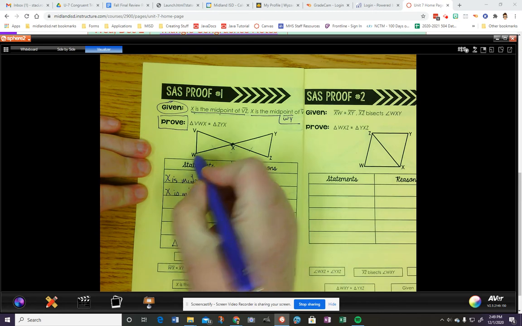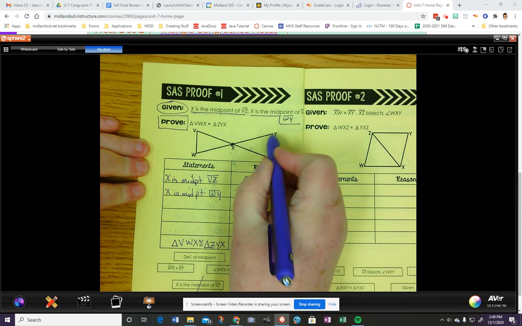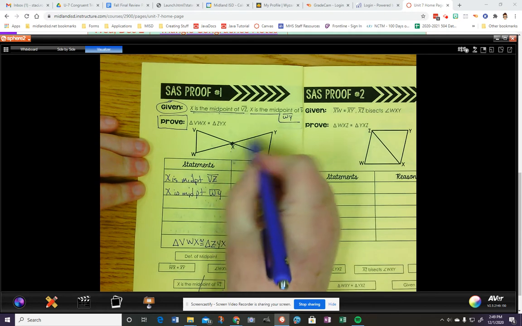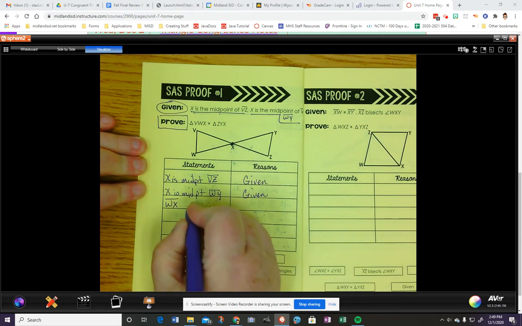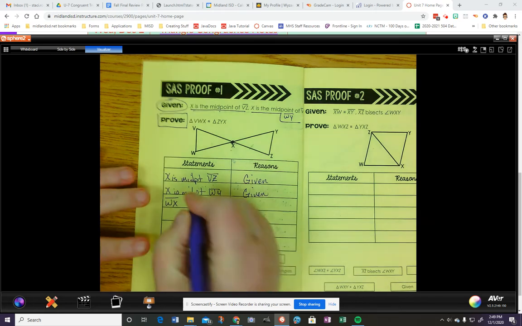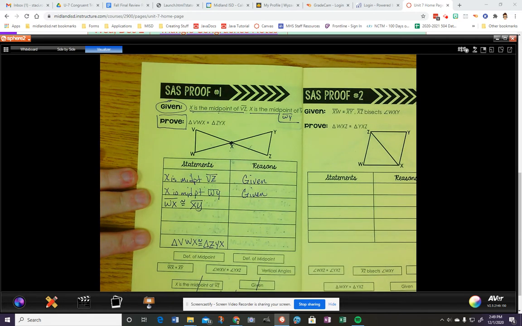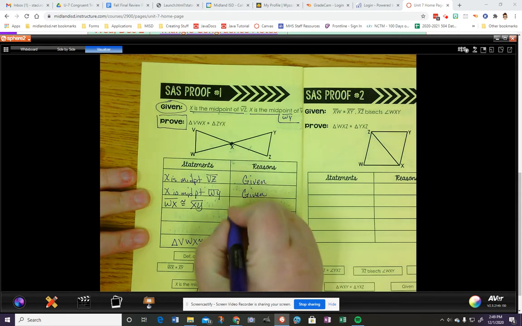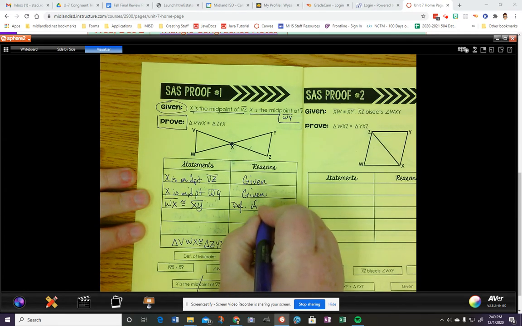What can we say about WX and XY? They're congruent. And why are they congruent? By definition of midpoint.